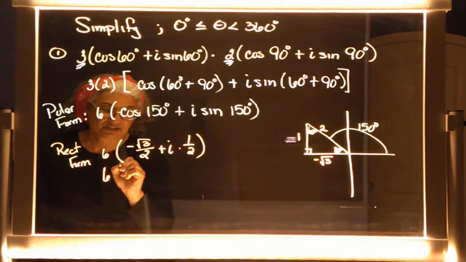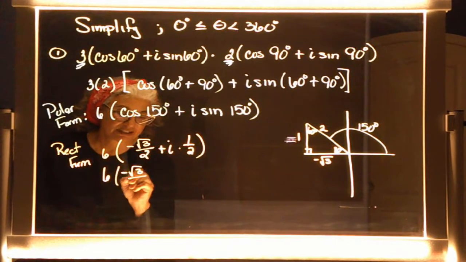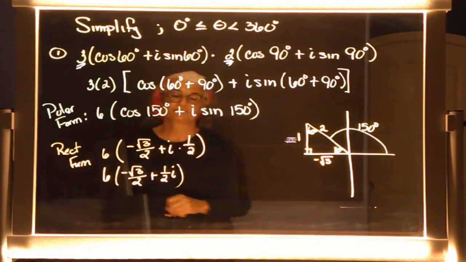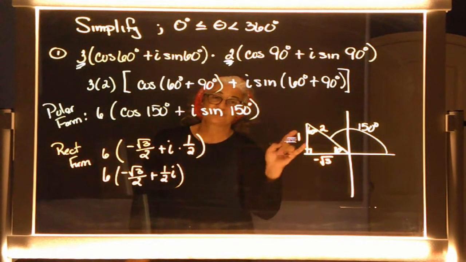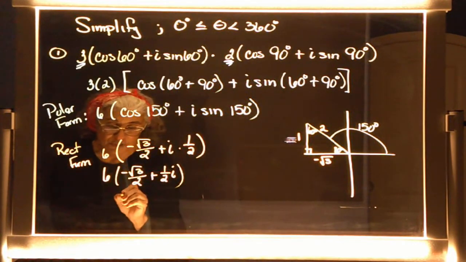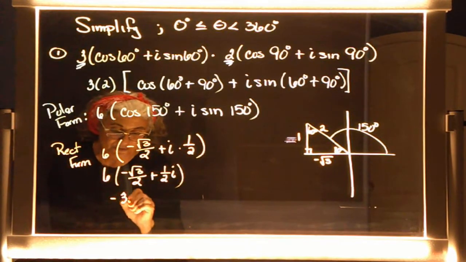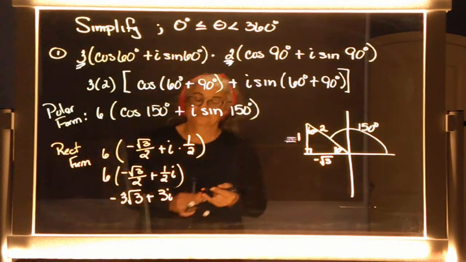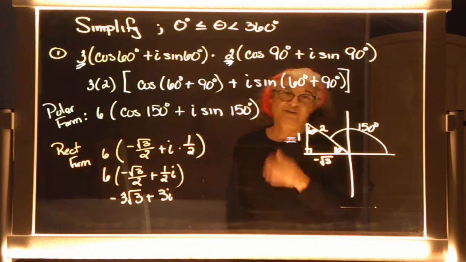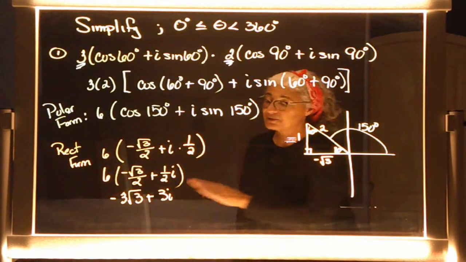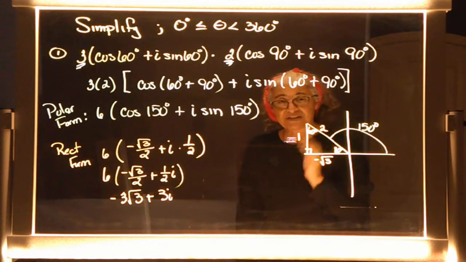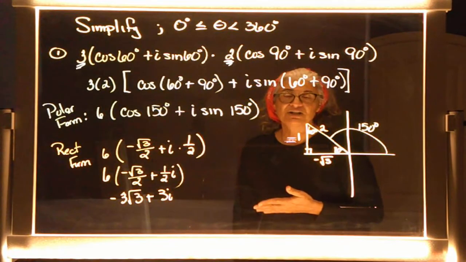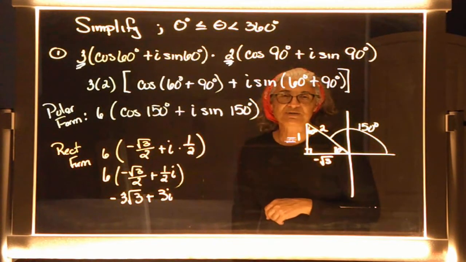Okay, so let me just rewrite this and make it a little cleaner looking in the parentheses for some of you. There we go. And now, last but not least, distribute the 6. So what do we got? Negative 3 square root of 3 plus 3i. So if they want the answer in rectangular form, there it is. But if they say leave it in polar form, there it is. Cool? Okay, hang in there. I'll be back with another example.